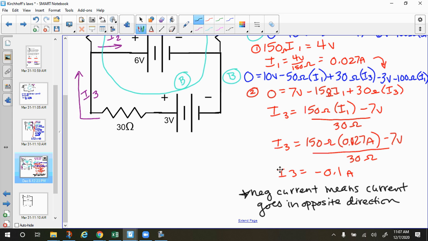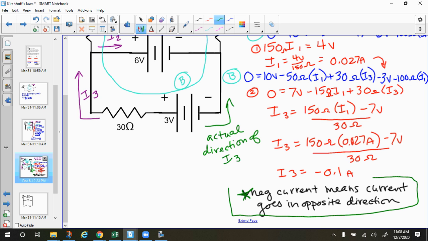So that would mean that I3 actually goes this way. So this is the actual direction of I3. So just circle this in green so that you know it goes with that.